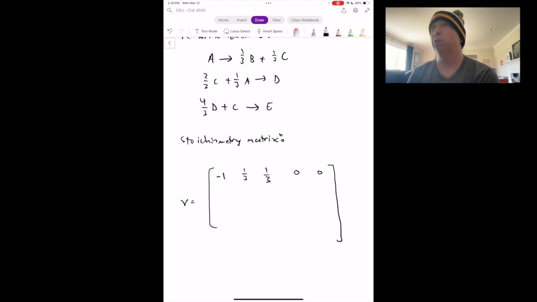I'm going to have 3 rows in this matrix: the first row for reaction 1, the second row for reaction 2, and the third row for reaction 3. And I'm going to keep my columns in alphabetical order, so this is going to be A, B, C, D, and E. I've done this for reaction 1 based on the reactions that I rewrote. I suggest now that you pause the video and do this for reactions 2 and 3, and then come back and check.